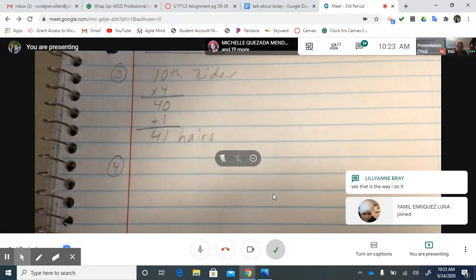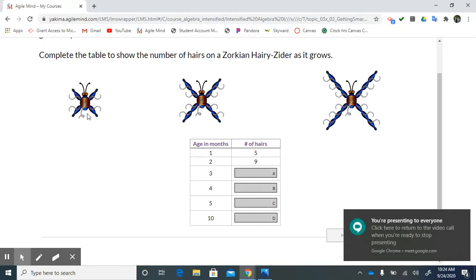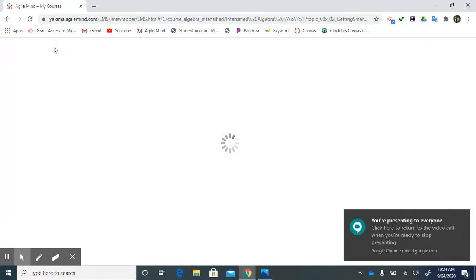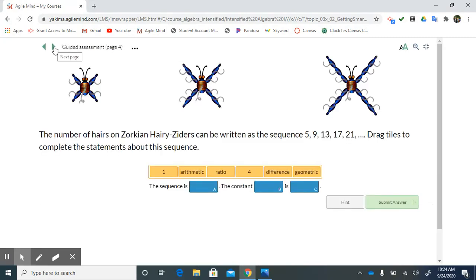So for number 4, the number of hairs on a Zorkian hairy Zyder can be written as a sequence 5, 9, 13, 17, 21.